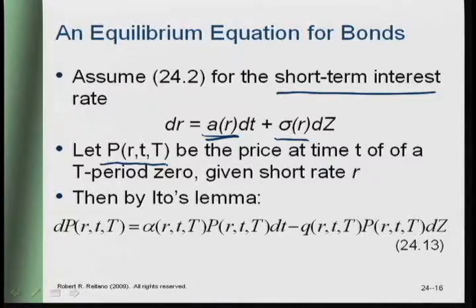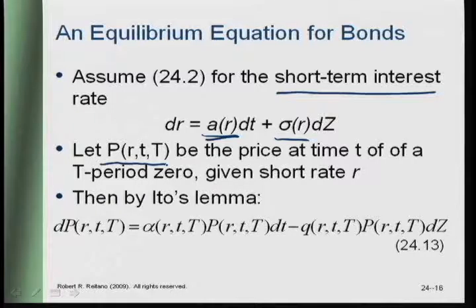And now what we're going to do is apply Ito's lemma to say what in fact will be the stochastic process followed by the price of these zeros. Now notice that in this one symbol, P of R, t, T, I'm capturing the price at time little t when the prevailing short rate is R. I'm capturing notationally the price of all zero coupon bonds.